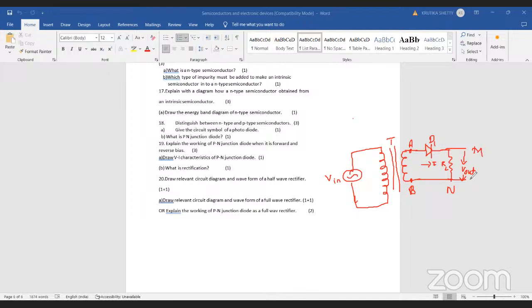In the case of the full wave rectifier, what is the difference? In the full wave rectifier you will take two diodes. I will show only what the difference is. Here we have the different diagram for the full wave rectifier.